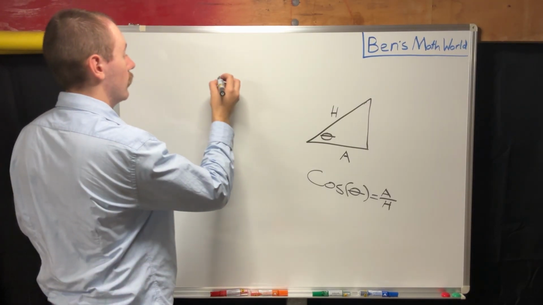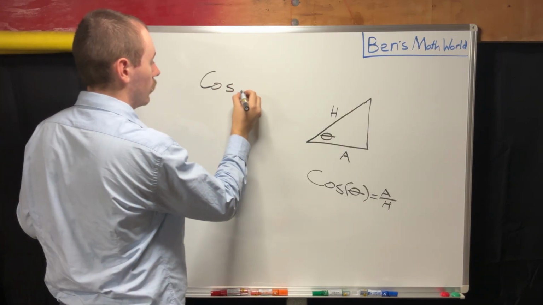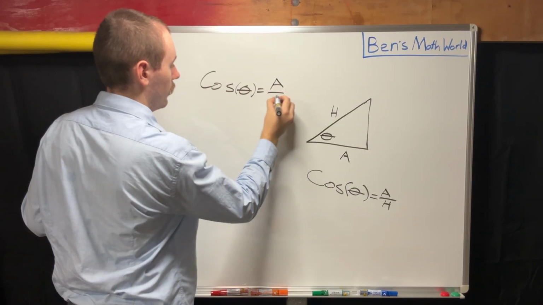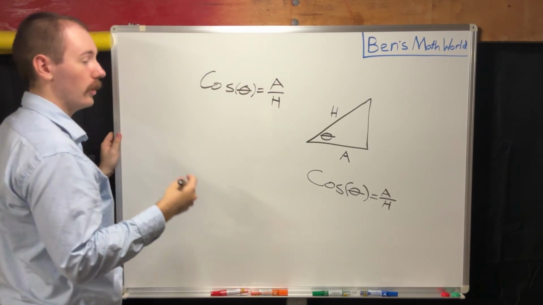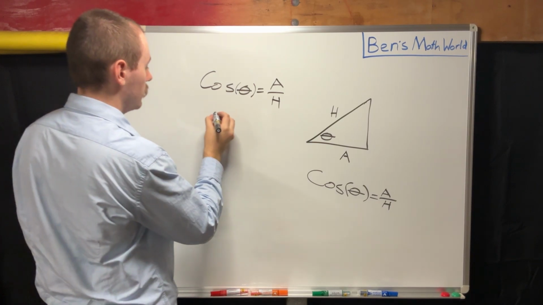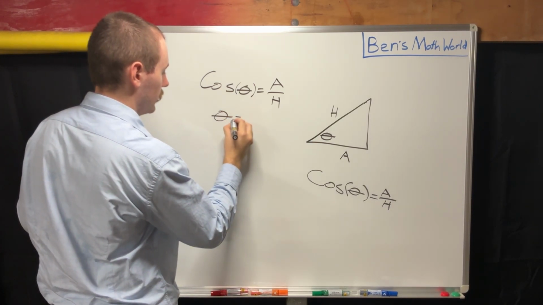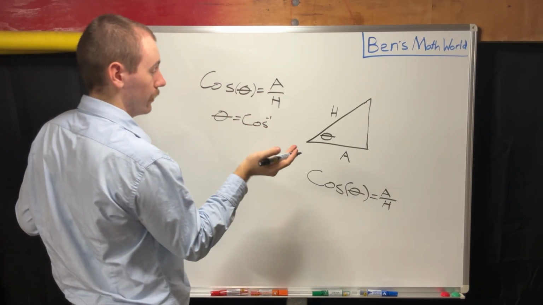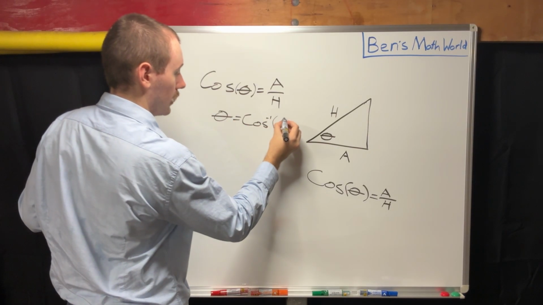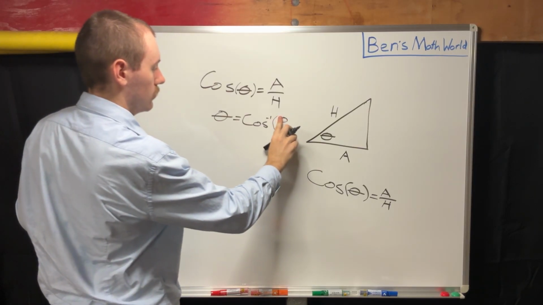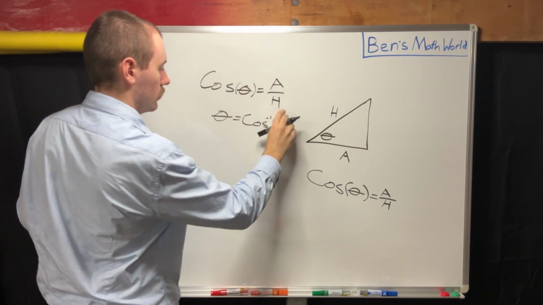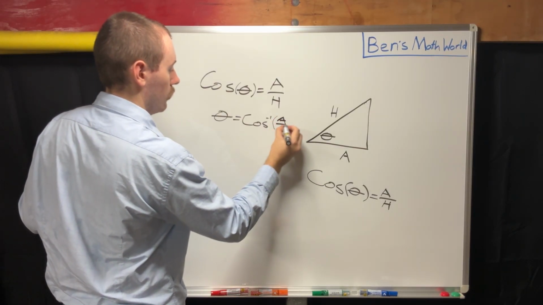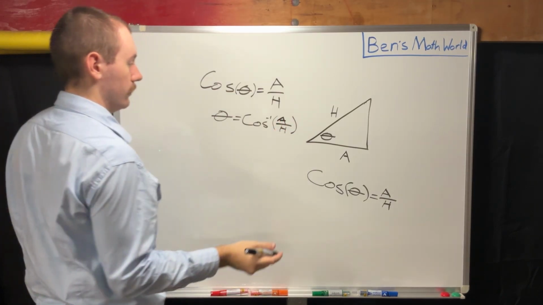So we're going to start with cos theta equals adjacent over hypotenuse. So we're going to do the same thing where we inverse the sine, and we'll be left with theta equals cos -1. So this time instead of inverse sine, it's inverse cos. And then we're just going to have A over H, so adjacent over hypotenuse.